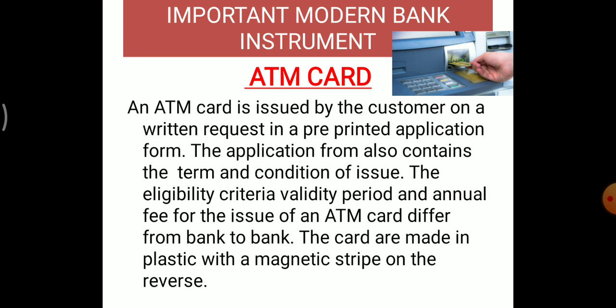The cards are made of plastic with a magnetic strip on the reverse. The salient features of a typical ATM card are as follows. The bank's logo is generally printed on the face of the card, and the name of the customer and date of issue of the card will be embossed on the front side of the card.